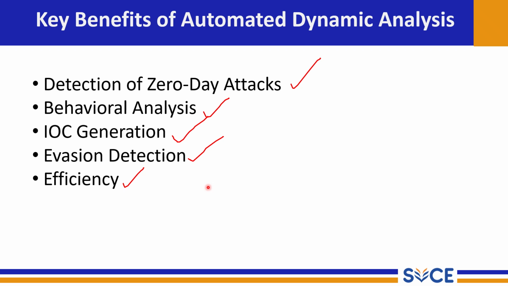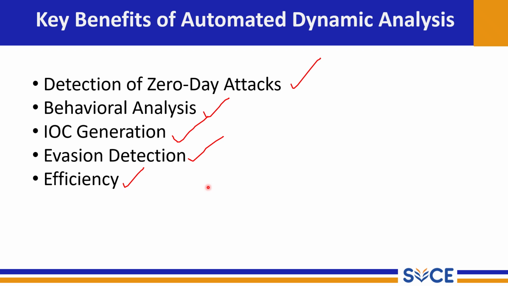This provides a deeper understanding of how it works and its capabilities and intent, especially for obfuscated or packed samples where static analysis might be insufficient. It is also effective against evasion techniques. It can expose the behavior of polymorphic and metamorphic malware that changes its code signature or employs anti-analysis techniques, as the execution reveals its true functionality.